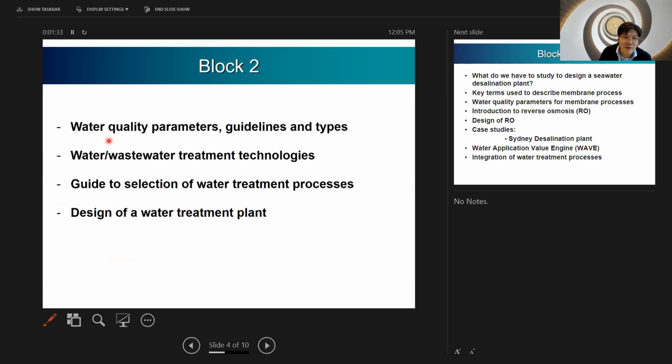We discussed water quality parameters, guideline types, water and wastewater treatment technologies, a guide to selection of water treatment process, and design of conventional and advanced wastewater treatment plants. We did assignment 2, which is the membrane bioreactor design and conventional wastewater treatment process.